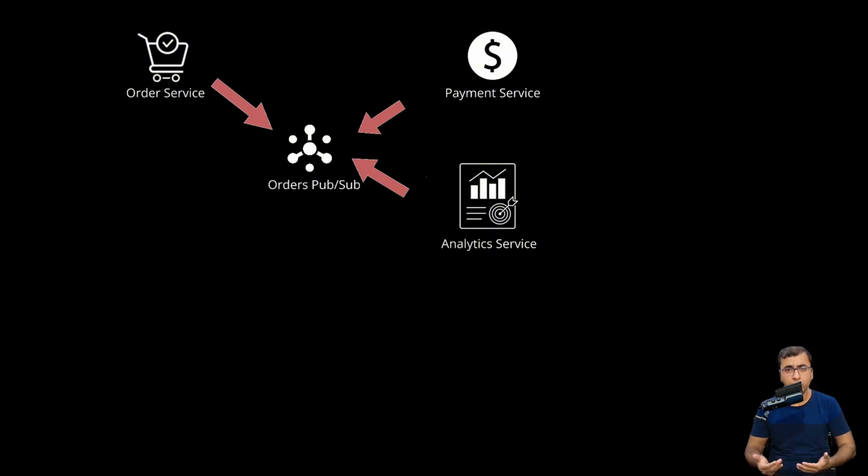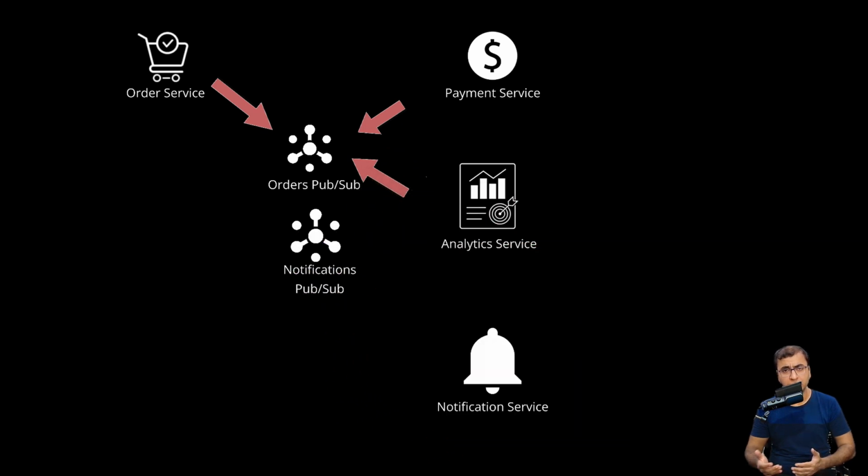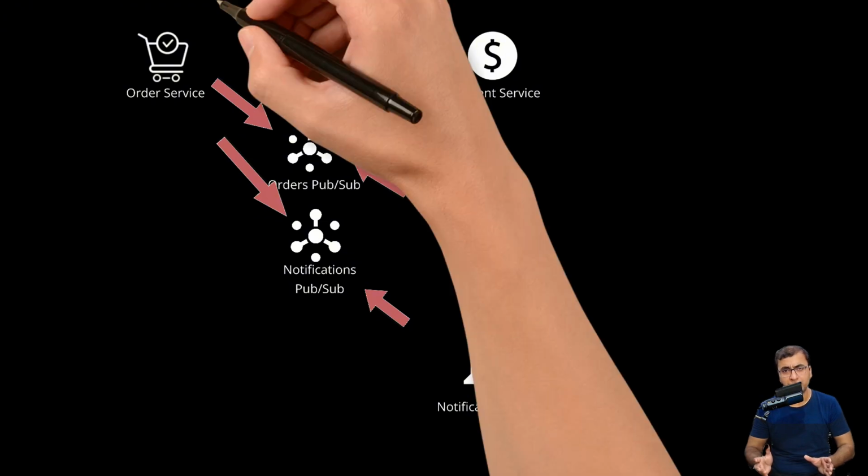Now, what if you introduce another service like a notification service which consumes different kind of data such as notification data? You would have to add another PubSub application between notification service and other services like the order service. It means that in real life, we could have many PubSub applications running.